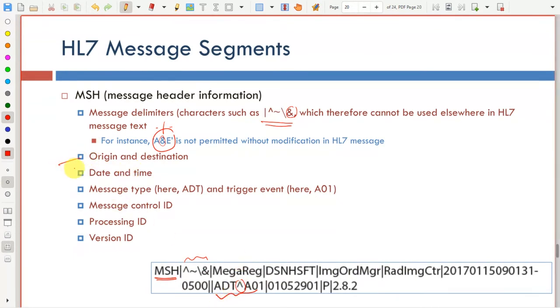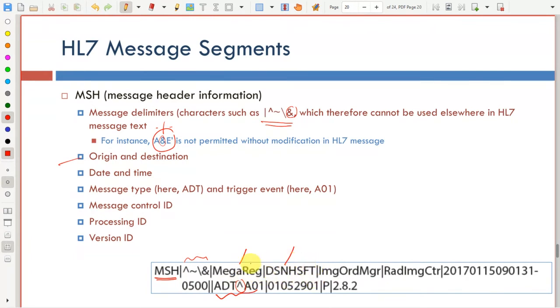You have to have origin and destination. So here you have origin and you have destination. Basically, this can be a certain part of the machine. If you communicate between different systems, like a modality and PACS, for example, it might be a certain unique name for a particular modality, and this is a unique name for a server.